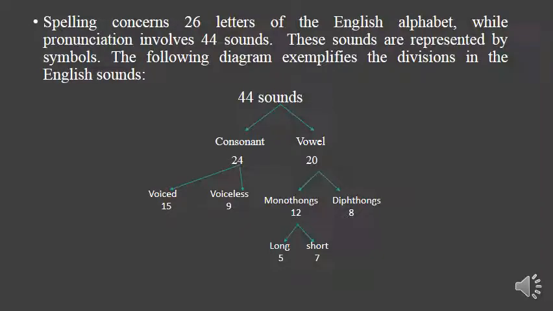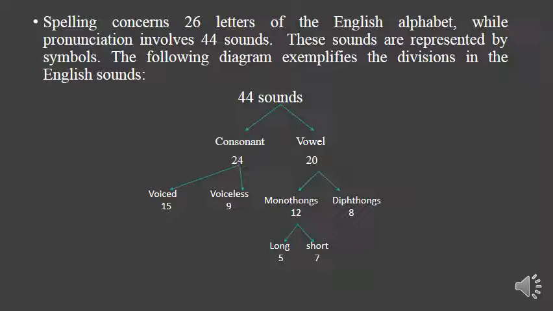Also, the consonant sounds are divided into two. There are voiced and voiceless sounds. There are 15 voiced sounds and 9 voiceless sounds. Voiced sounds are sounds that, in the process of pronouncing them, we feel vibration, while in the voiceless sounds there is no vibration.